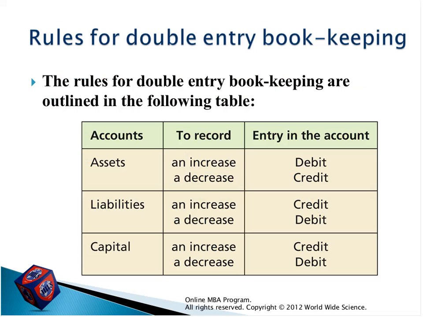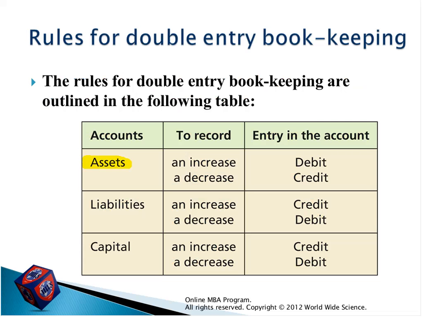So we have some rules for double entry bookkeeping or double entry accounting. The rules of double entry bookkeeping are given to you in the table. So let's see the first one. For example, we have assets, right, in our accounts. When we do recording, where should we put the assets?